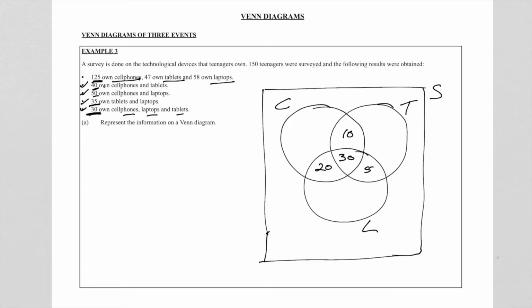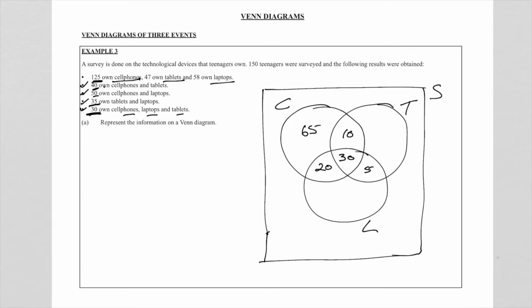And as you can see, we have 40 plus 20 is 60. We have 60 already. So here, this must then be 65 so that they will add up to the 125. So let's put down 65 in that one.